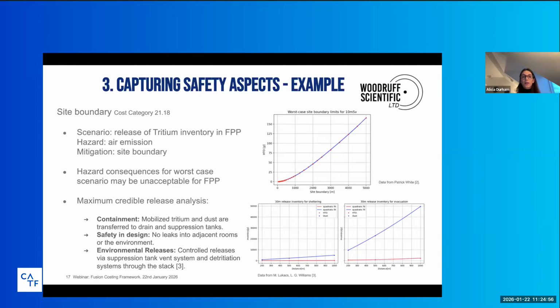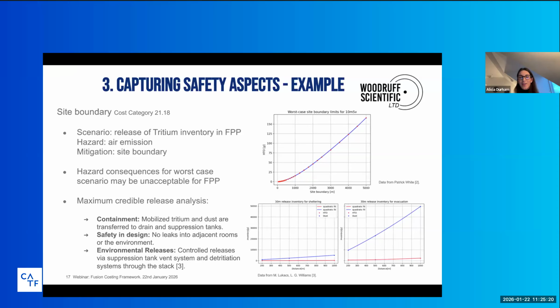Basically, this maximum credible release scenario consists of a scenario where the weather conditions are not as adverse, and also it assumes that you have some systems in place to mitigate your release of tritium in the event of an accident. So it goes through the ventilation stack in your fusion power plant.